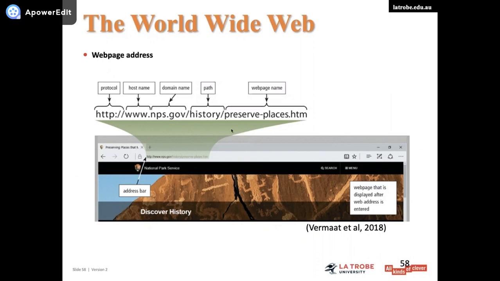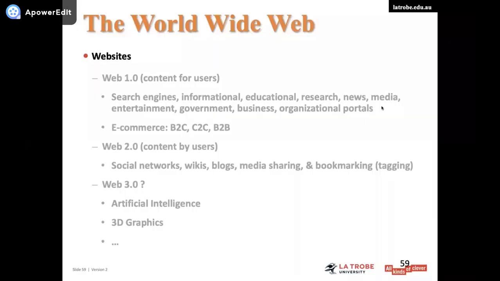The website technology is also evolving. In the very beginning, we called it Web 1.0. At that time, it was just content for the user. It means that the designers and web programmers provided the information to the user.